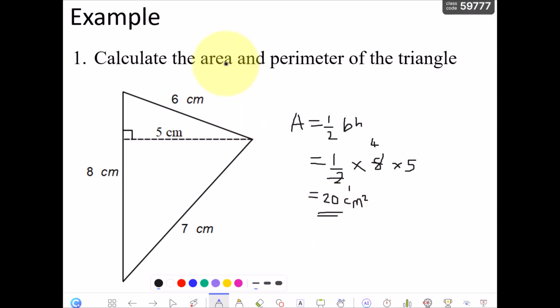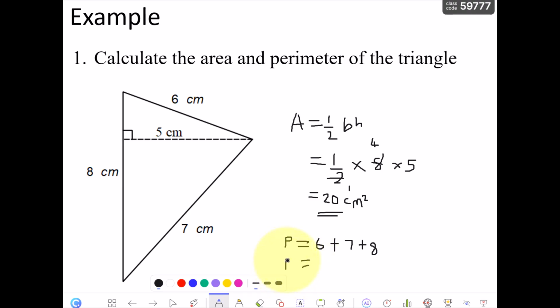Then the question says calculate area and perimeter. As I said before, perimeter is just to add all the lengths surrounding it. So we can start from 6 plus 7 plus 8. So these are the lengths surrounding the triangle: 6, 7, and 8. So when you add them, 6 plus 7 will give us what?